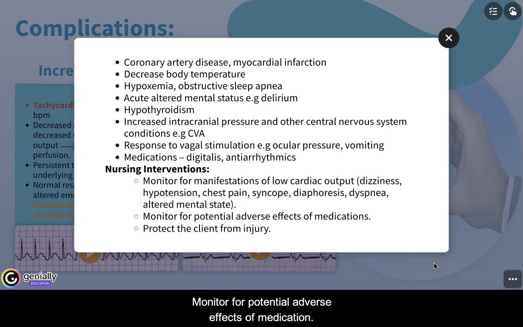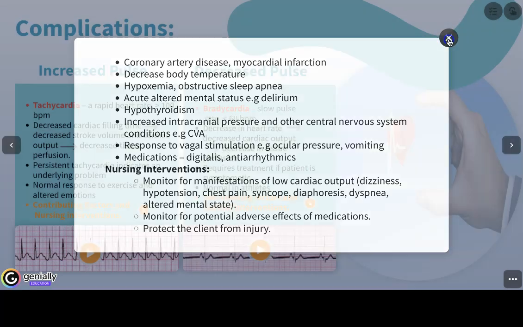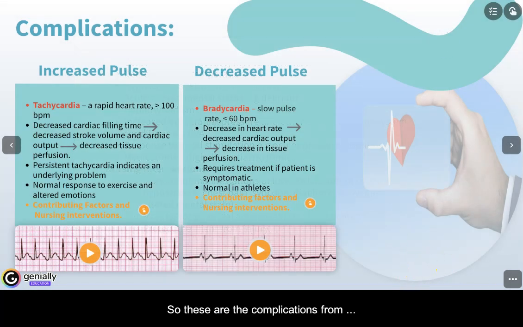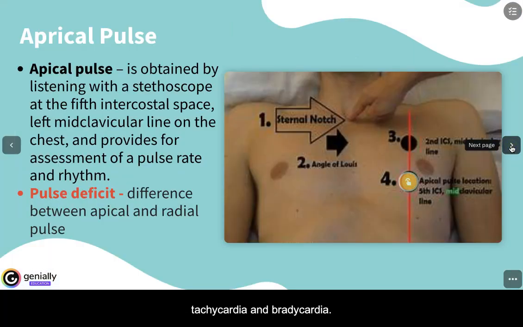Monitor for potential adverse effects of medication. See if it's the medications causing this heart rate to be really low. Protect the client from injury. Again, if their heart rate is low, when they're standing up, changing position, they might get dizzy and fall. So these are the complications from tachycardia and bradycardia.